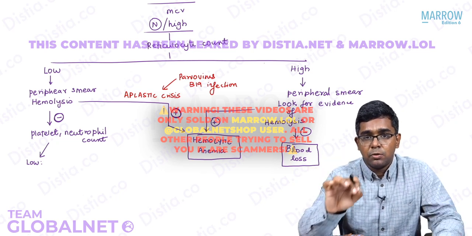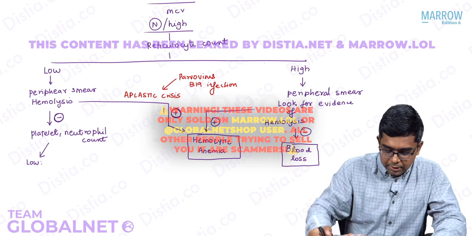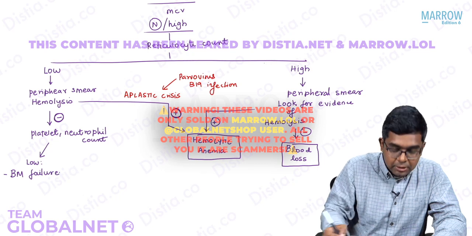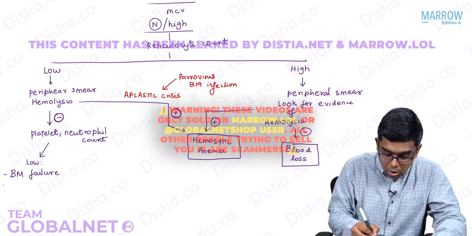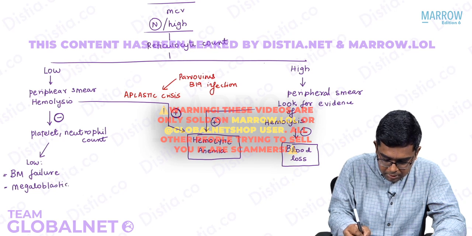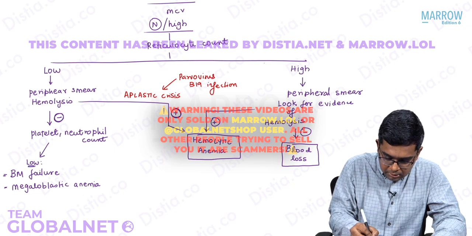So in this situation, what could be the diagnosis? It is bone marrow failure, encountered in conditions like aplastic anemia, or in severe cases of megaloblastic anemia, where you also encounter pancytopenia. So megaloblastic anemia is also a possibility when all cell counts are decreased.